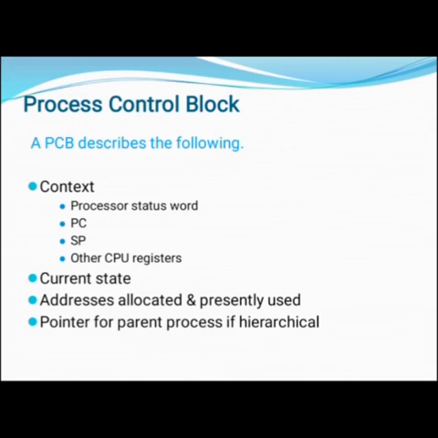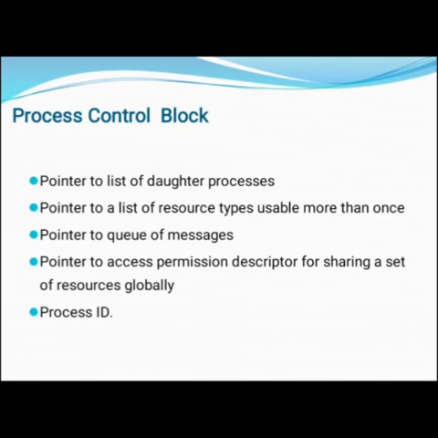The PCB describes context, process stack, current state, address allocated and presently used, pointer for parent process, pointer to list of daughter processes, pointer to a list of resource types usable more than once, pointer to queue of messages, pointer to access permission, descriptor for sharing a set of resources globally, and finally process ID.